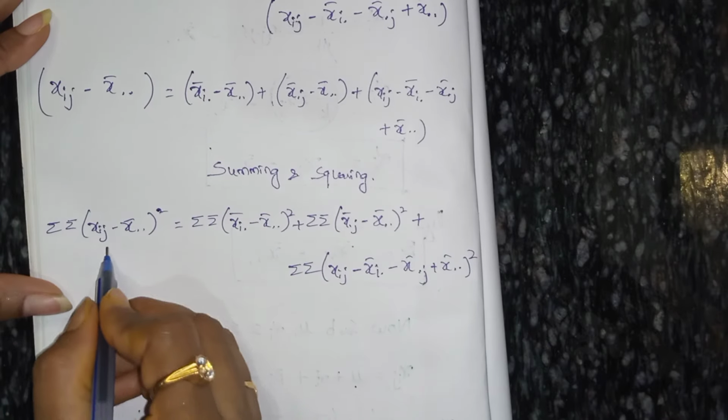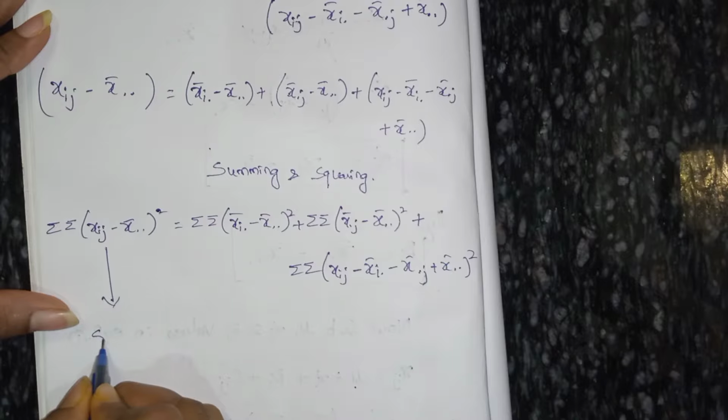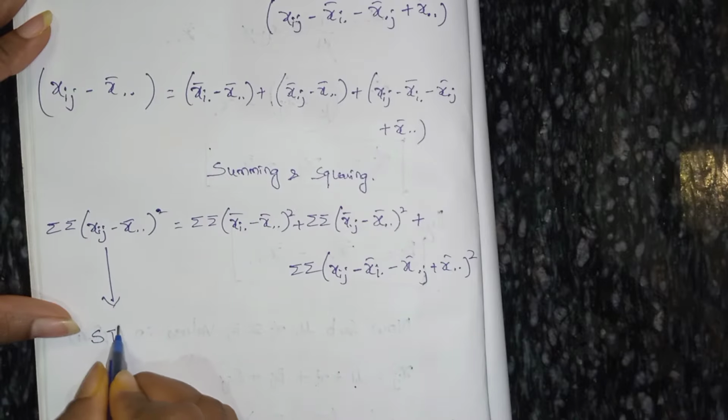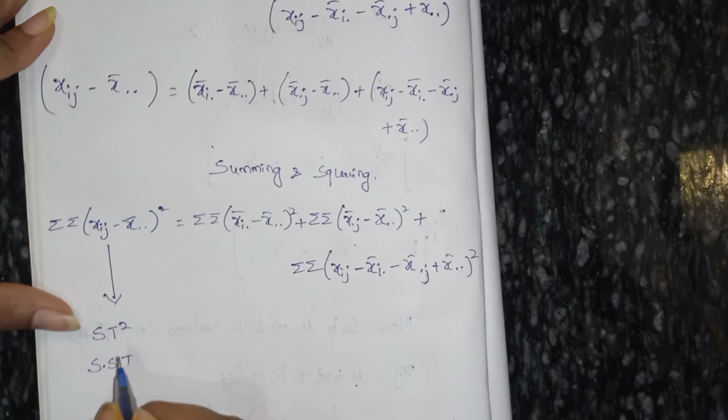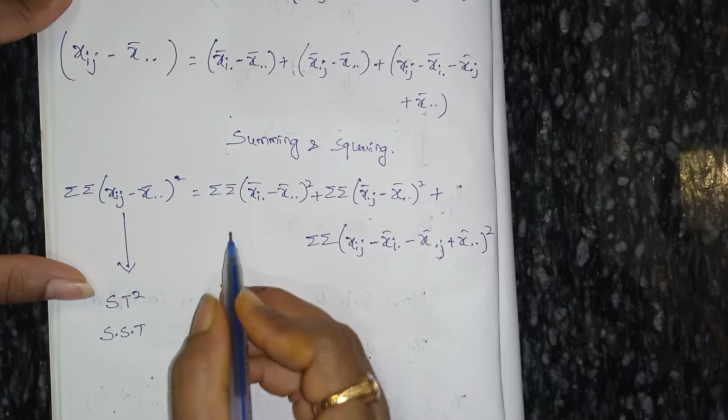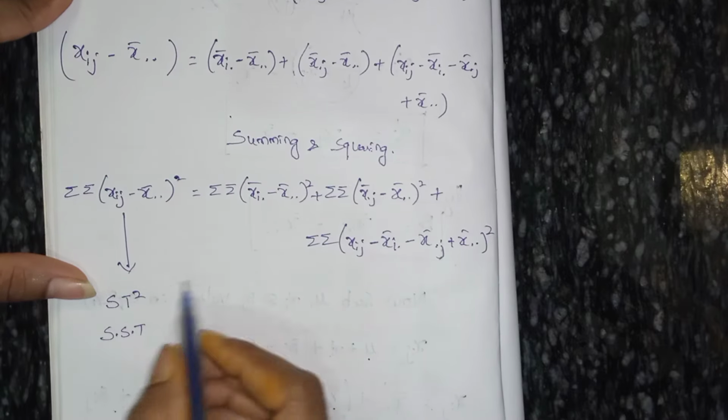This one we call ST square, or else we can say total sum of squares.